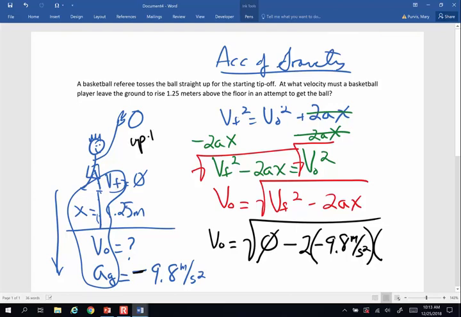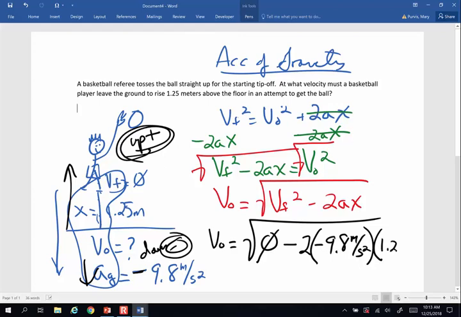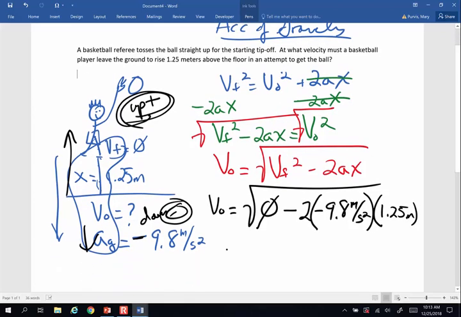In this problem, I'm calling up positive and down negative because I've got acceleration of gravity downward and I've got somebody moving upward. When you have motion in two directions, one must be up positive and one must be down negative. So the displacement is a positive 1.25 meters, and I'm going to pick up my calculator.